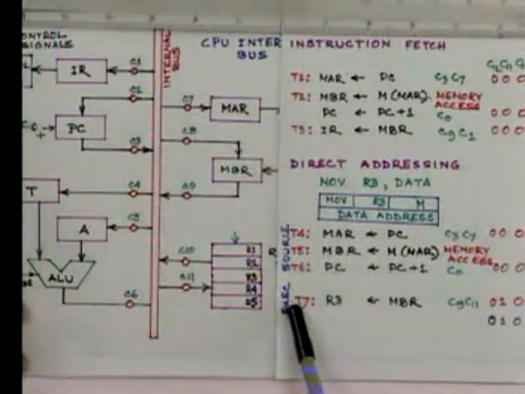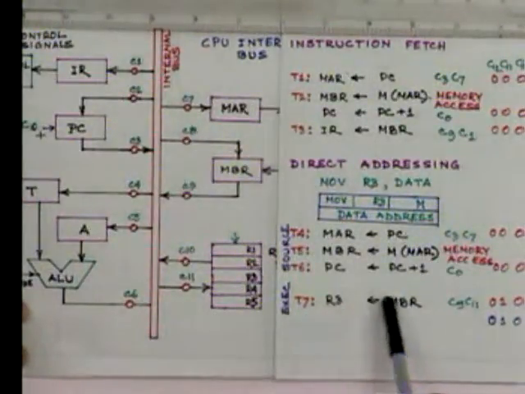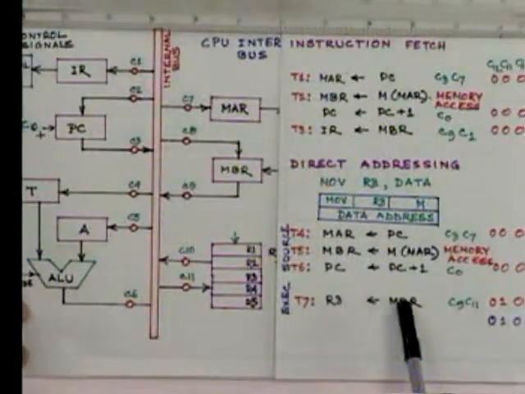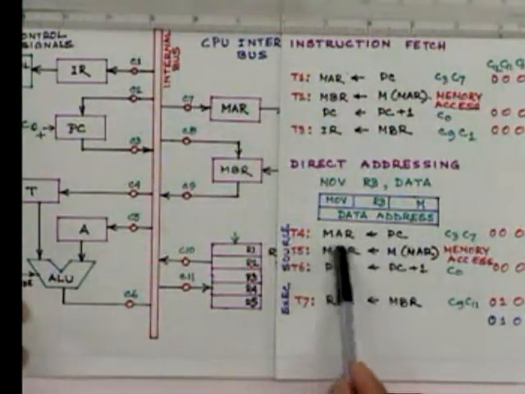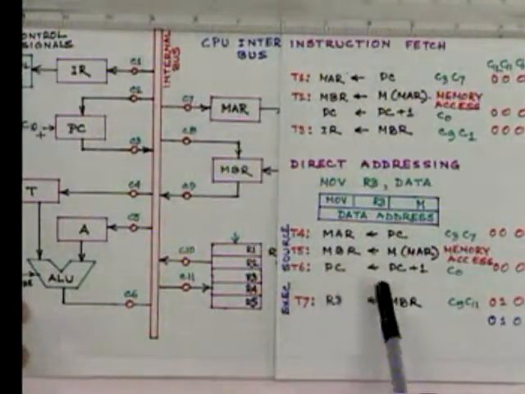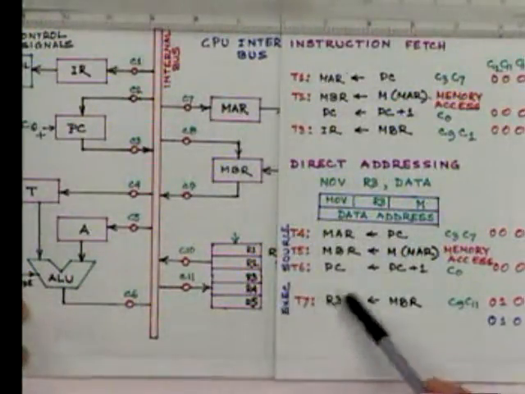Now, since the execution simply consists of transferring the content of the memory buffer register to R3 and no memory access is involved, this can be accomplished immediately after the data at the MBR is available. Therefore, you see that a separate execution cycle is not necessary.